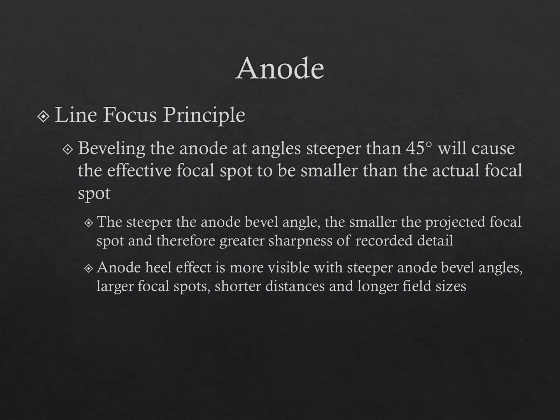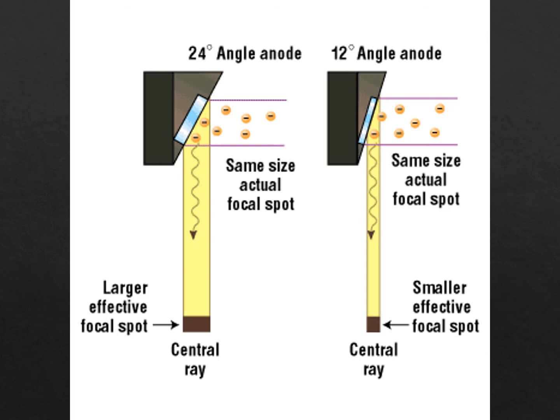Again, we'll do some experiments in lab to see if we can see it, but it's highly doubtful that we will actually see the effect of the anode heel. And here's just a line drawing showing that same thing we just talked about.